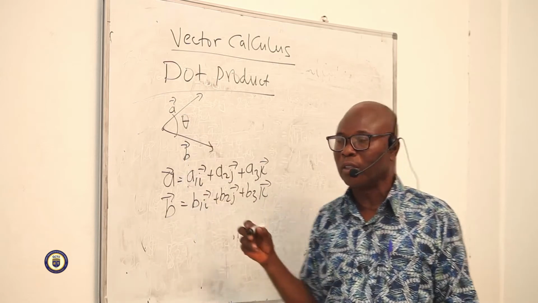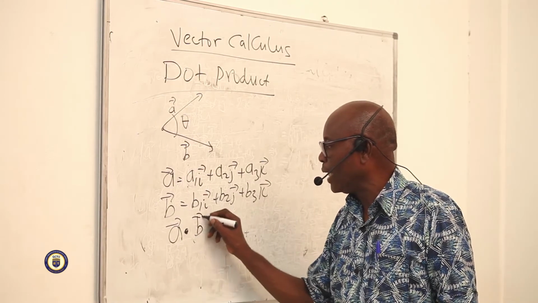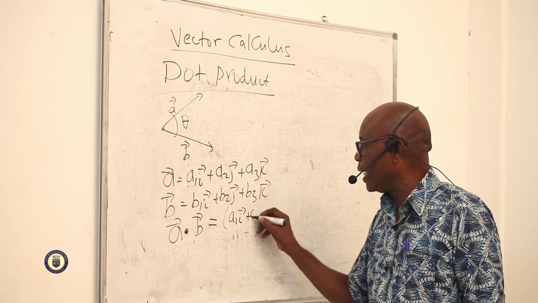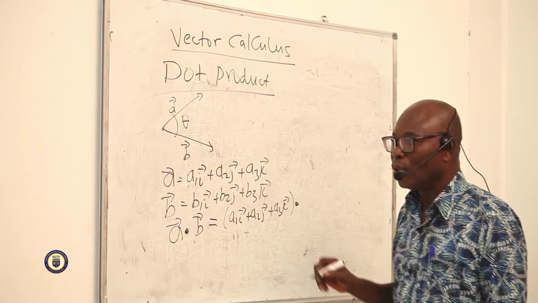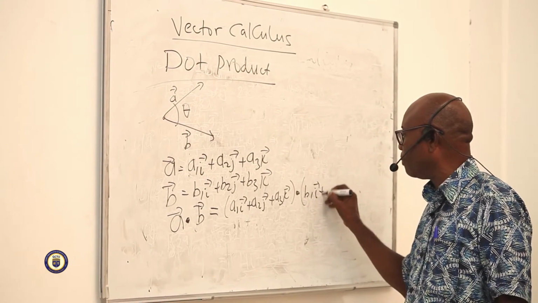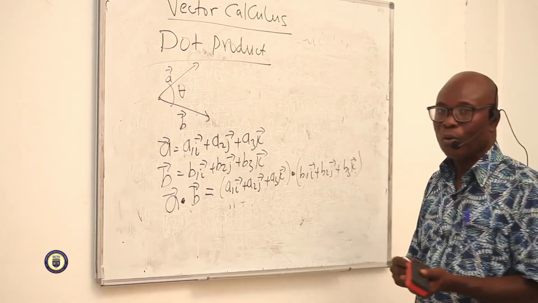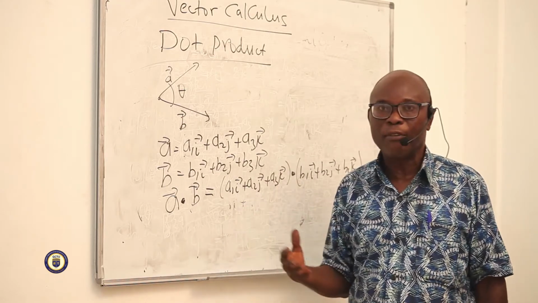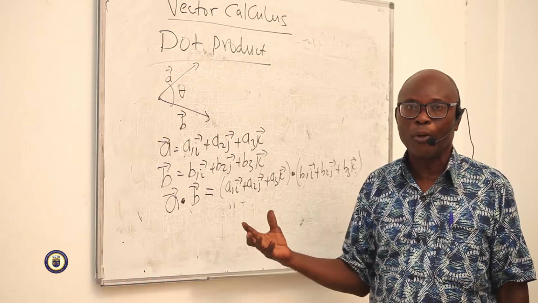Then the dot product is defined as this vector A1 i plus A2 j plus A3 k dot the vector B, B1 i plus B2 j plus B3 k. When we deal with the dot product, we operate on the X component, the Y component and the Z component.